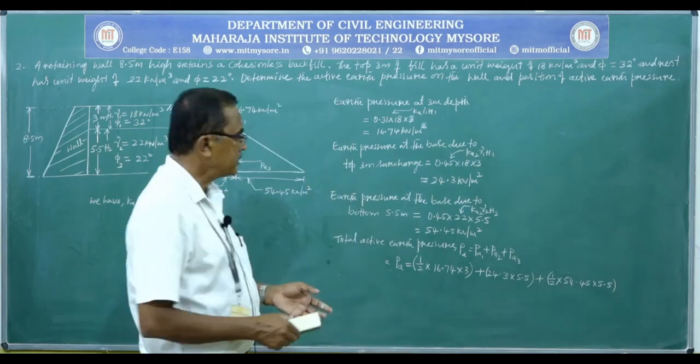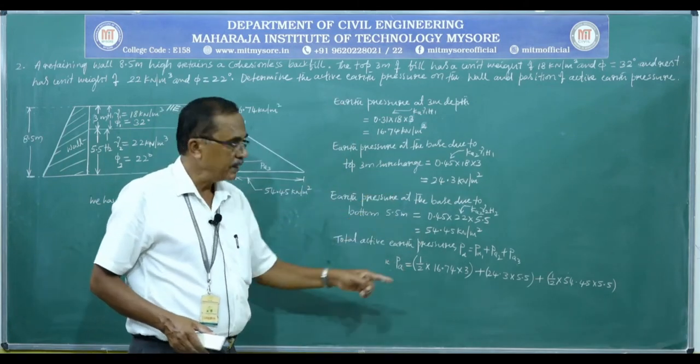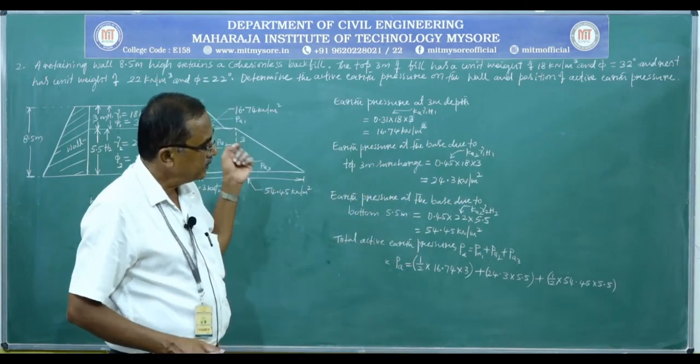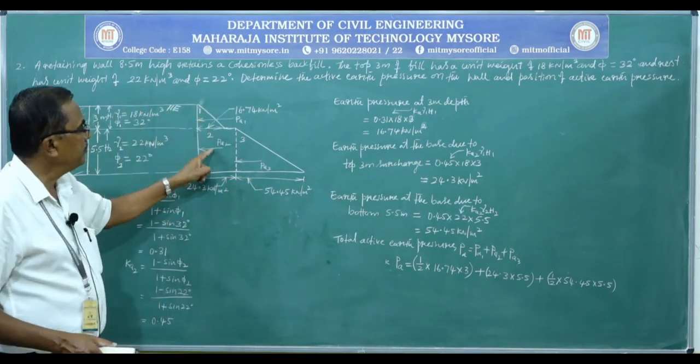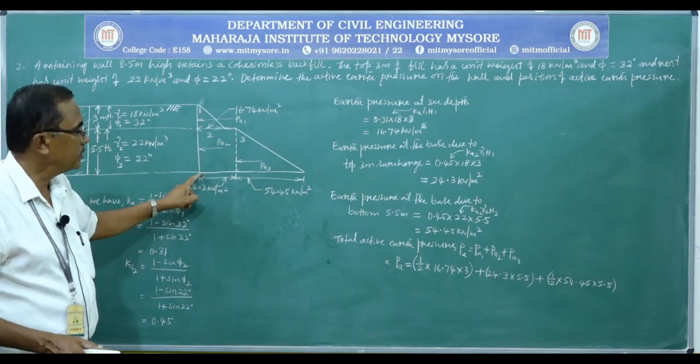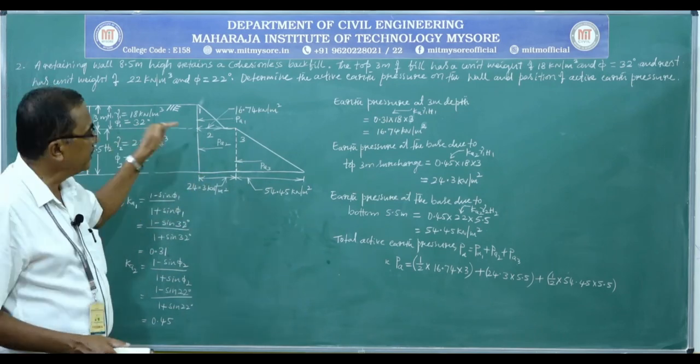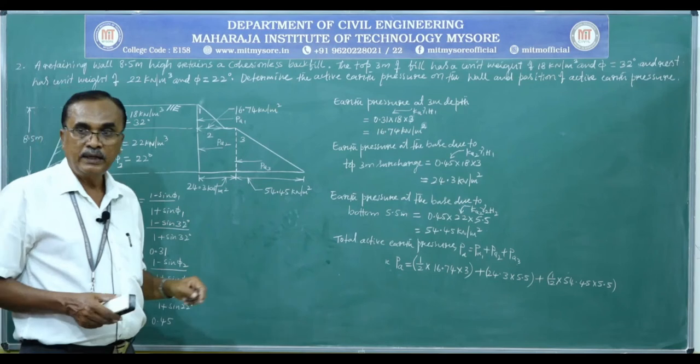So, calculate this PA1, PA2, PA3 and write it separately, and that is helpful to us in taking moment due to this PA1, PA2, PA3 about the toe to calculate the point of application of total active earth pressure.